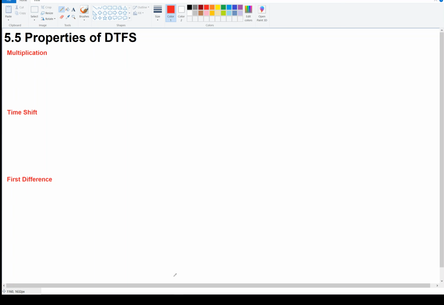Okay, so the first one I want to mention is the multiplication property. It says that suppose x[n] is periodic with period N and has Fourier series coefficients a_k, and y[n] is also periodic with period N and has Fourier series coefficients b_k.